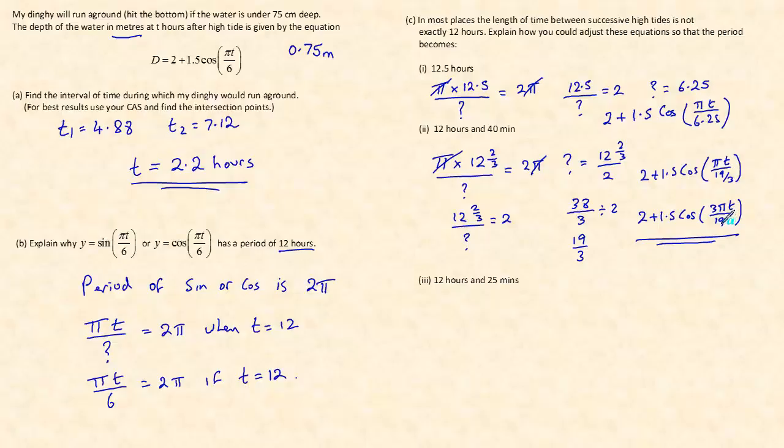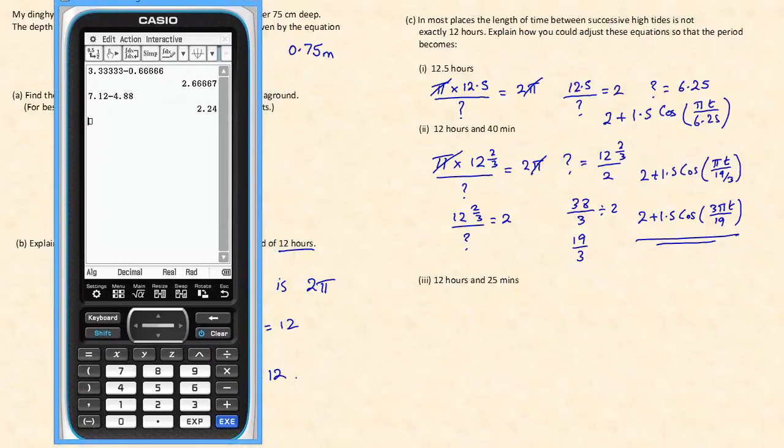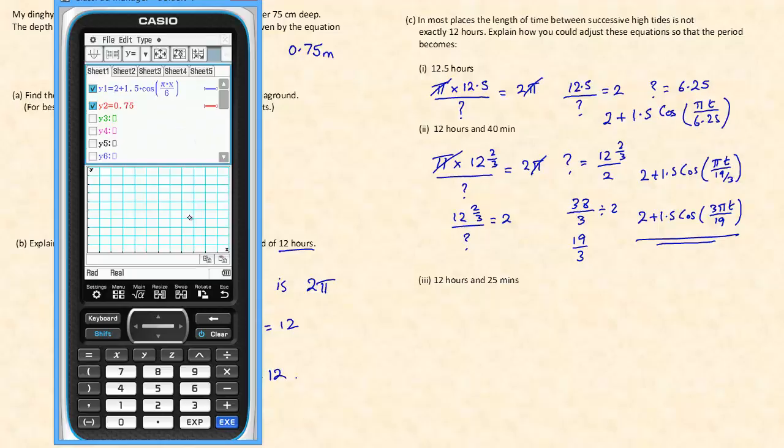Now remember, the 3 comes to the top because we're dividing by a fraction, so we turn the fraction upside down and then multiply. Now let's just see if that works, because that's not the simplest calculation that we've just done there. So let's go back to graph and table, and we'll adjust this.